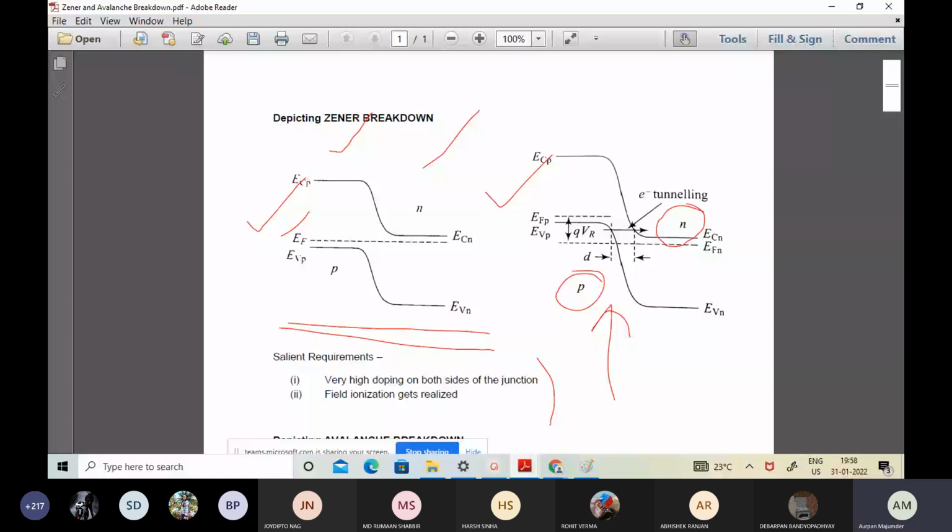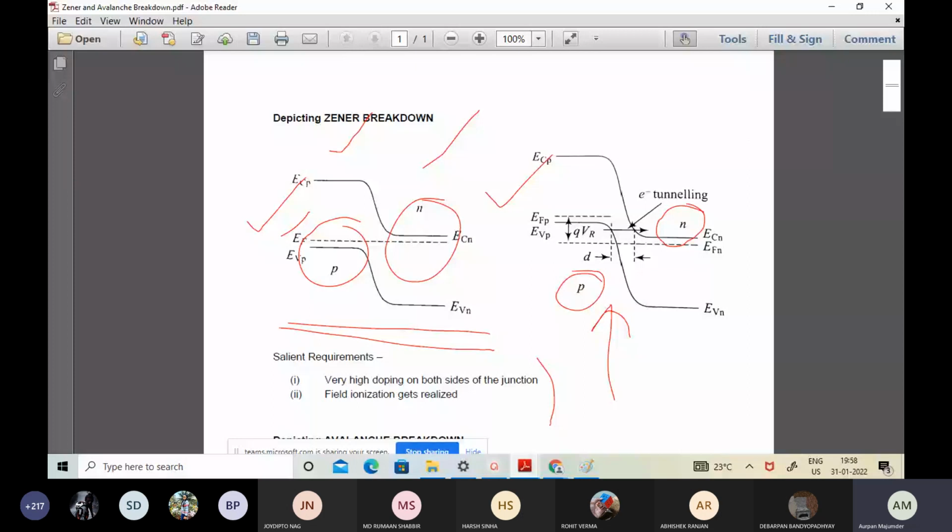And owing to which, what is going to happen is the point of concern. Now, the Fermi level is close to the conduction band in the N scenario, and it is close to the valence band in the P scenario, as you can check on your screen. This is the fundamental concept of the Fermi level. So from here we can draw one important conclusion, that the holes on the P side are close to the valence band edge, EVP.